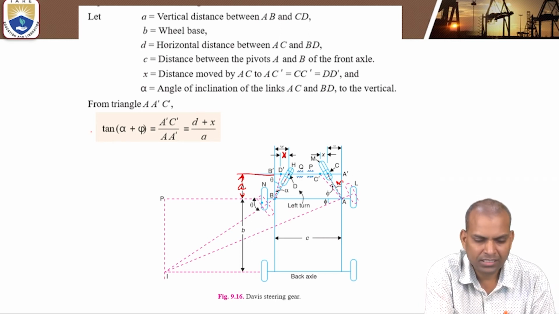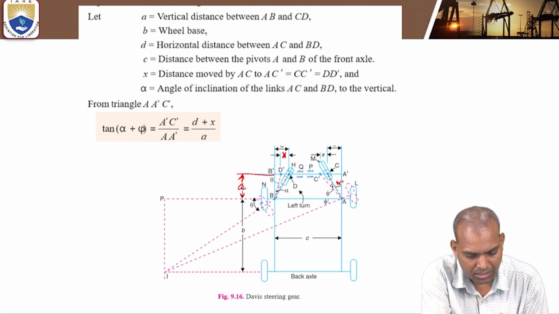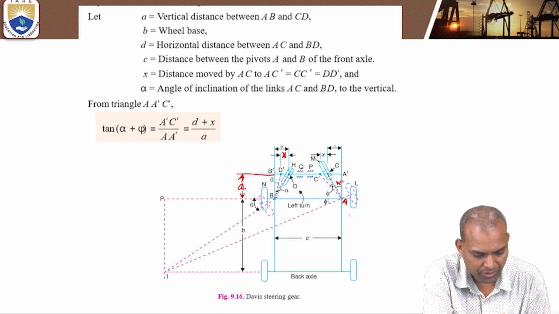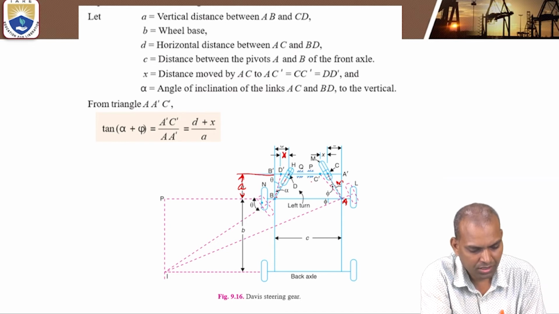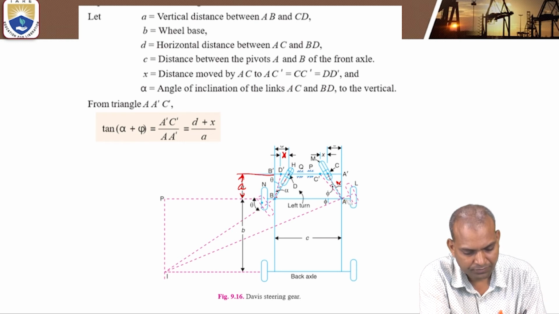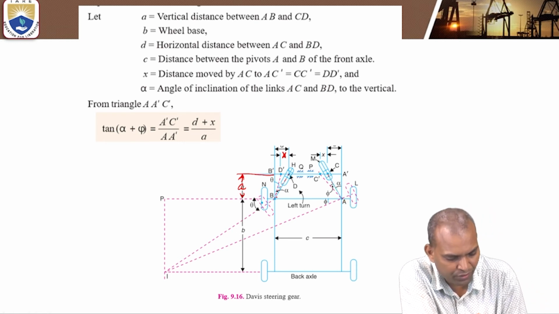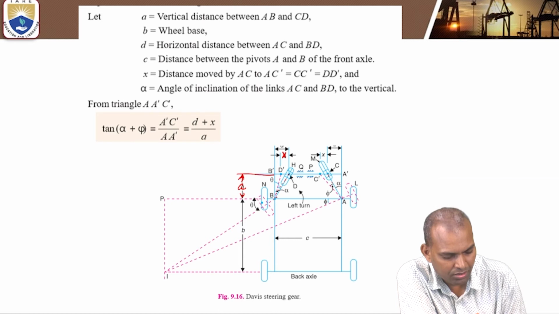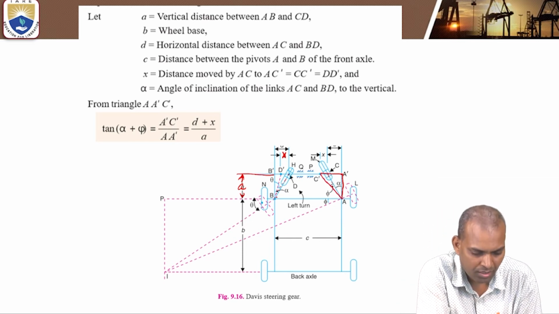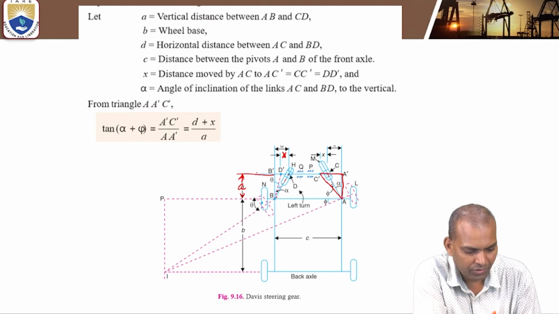Now there are triangles. From the triangle A dash and C dash, very carefully see it here, this is the triangle. What is tan of alpha plus phi?